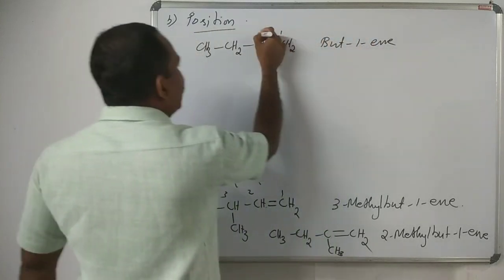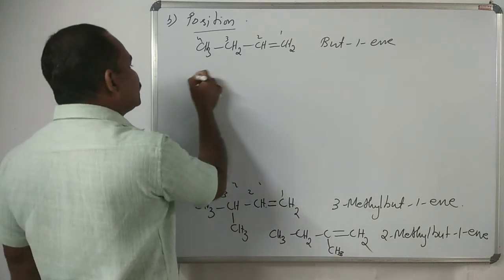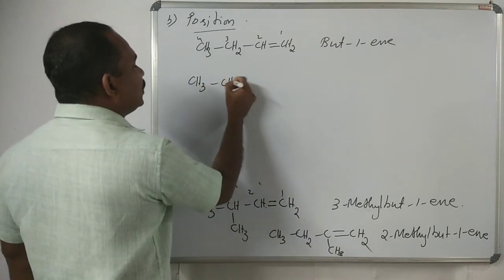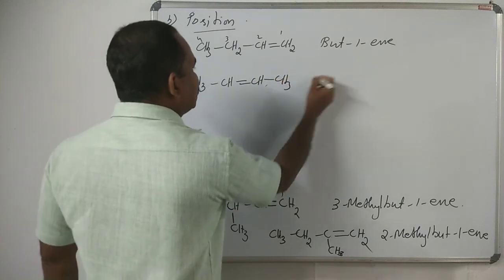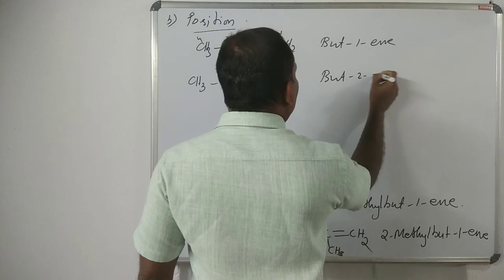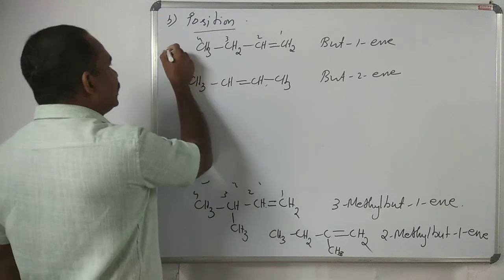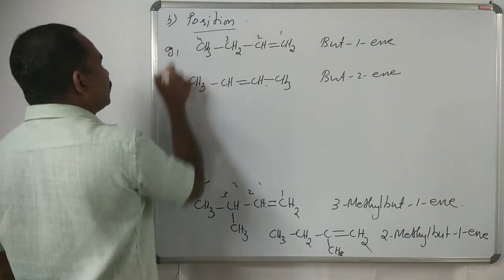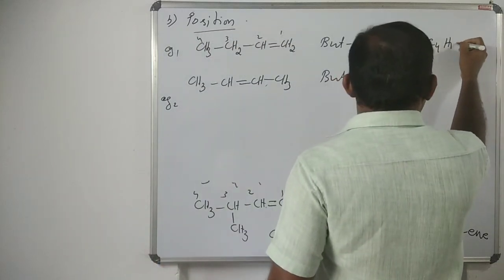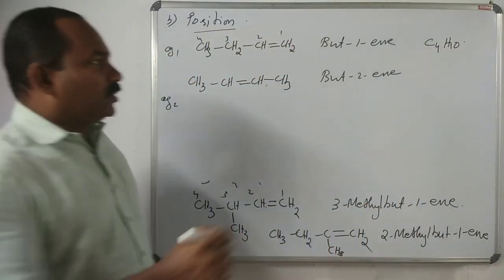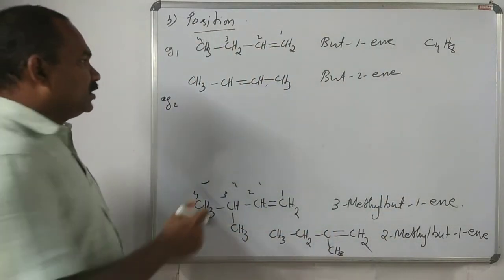But-1-ene. 1, 2, 3, 4. But-1-ene. And its position isomer CH3, CH double bond CH, CH3. But-2-ene. Okay. So this is example 1, then example 2. Both have the formula C4H8. No doubt, C4H10 is alkane, so C4H8.